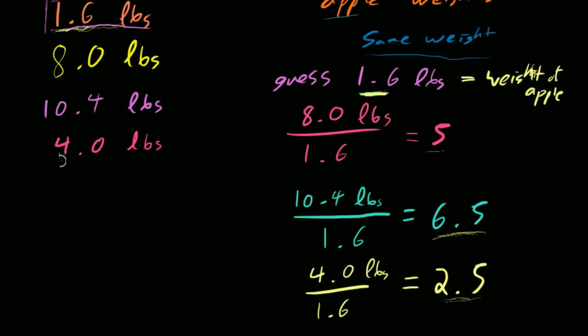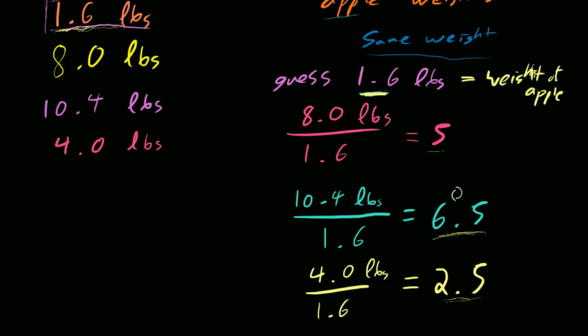But we knew from these other two people that that wasn't how much an apple weighed. An apple would have had to weigh less than 1.6 pounds. Or I should say that we're trying to find the maximum amount that an apple could possibly weigh. So what we have figured out so far is that an apple has got to weigh less than 1.6 pounds.